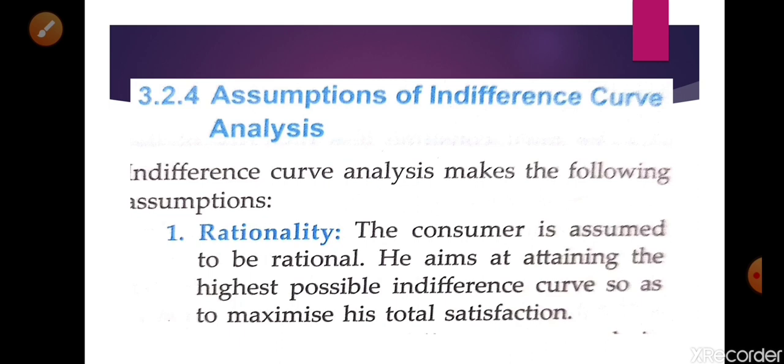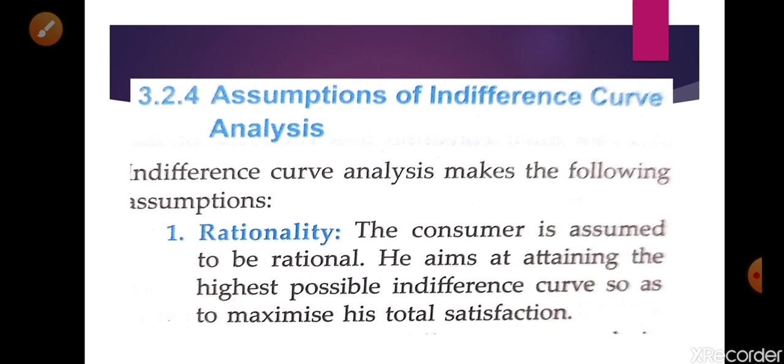This is very familiar to you: we assume that the consumer is rational and is willing to achieve the highest possible satisfaction level. It is the tendency of the consumer that after achieving one, he wants to have the next. After one satisfaction, you will go for higher satisfaction and then higher satisfaction.